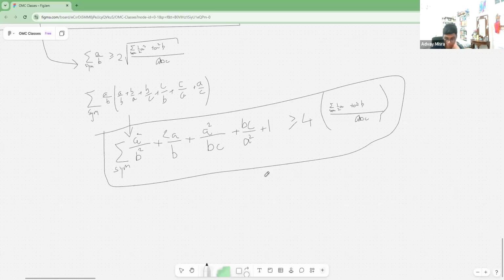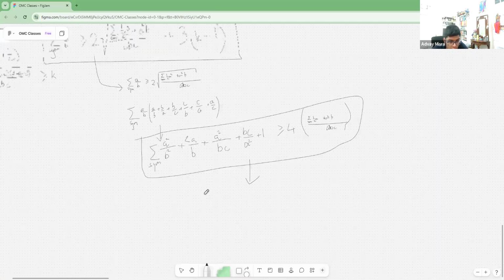Yes. Can we now shift the denominator terms? Maybe by taking the LCM or something like that. Since we have this ABC over here, and we see a bunch of a squares in the denominators, we could try multiplying by a square b square c square throughout.